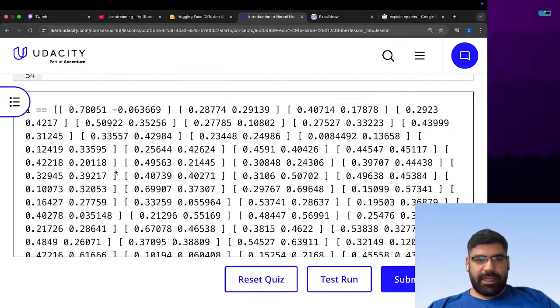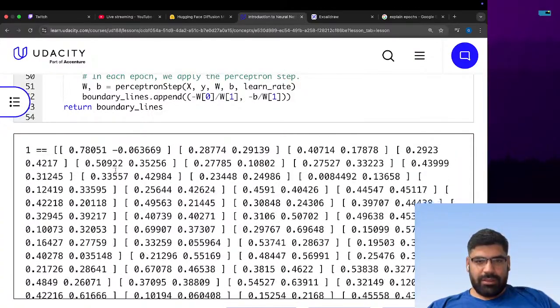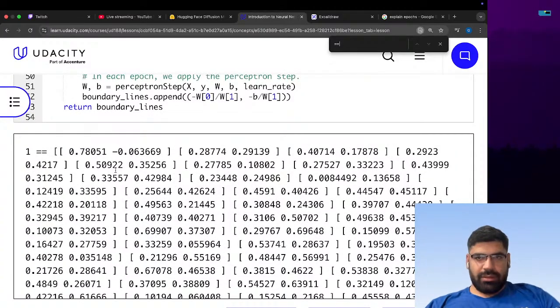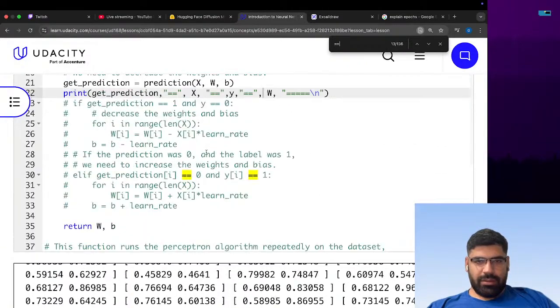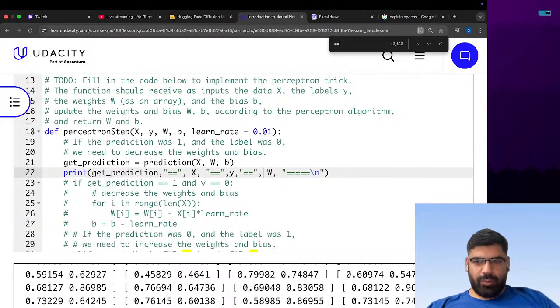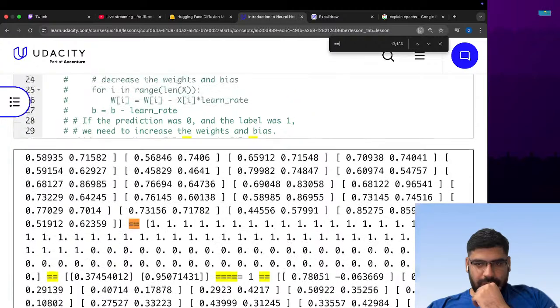So this is just X with a bunch of coordinates. Then there is Y with the label. Then this is W. Okay.